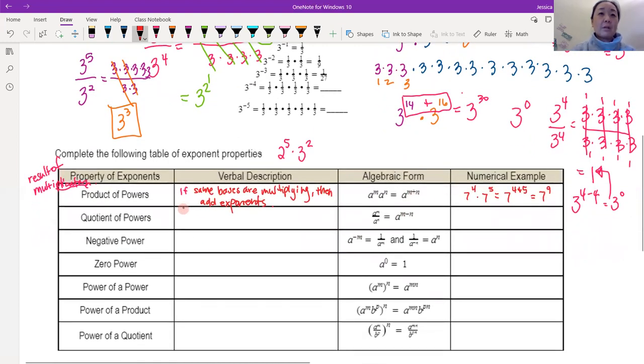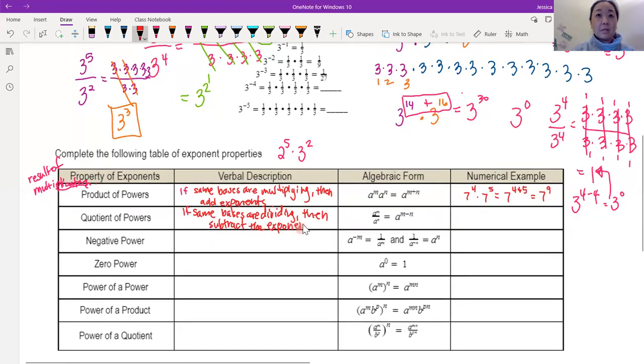So if same bases are multiplying, or not multiplying, what does quotient mean? I hope you said dividing. If same bases are dividing, then what are we doing with the exponents? Subtract the exponents. And when I say subtract, there is a certain order to it.